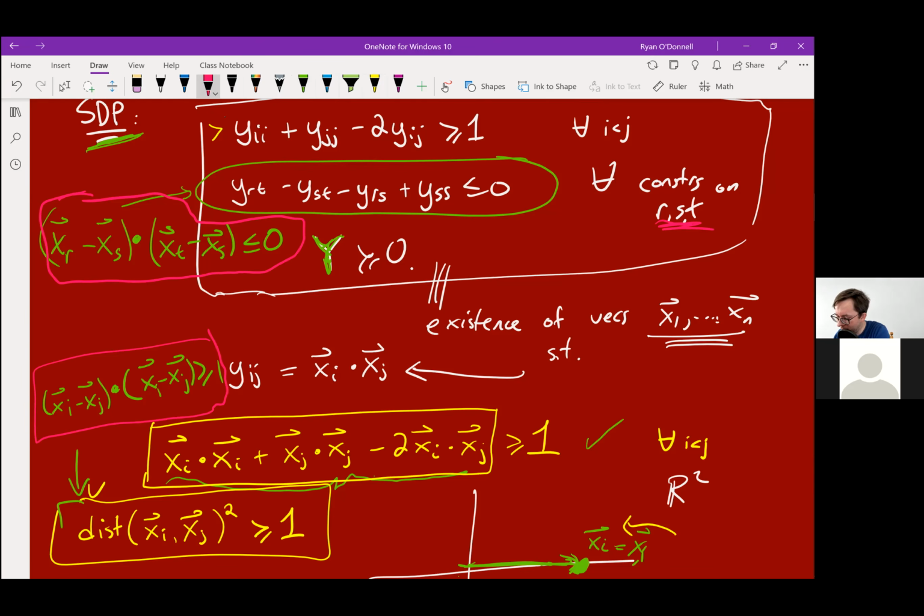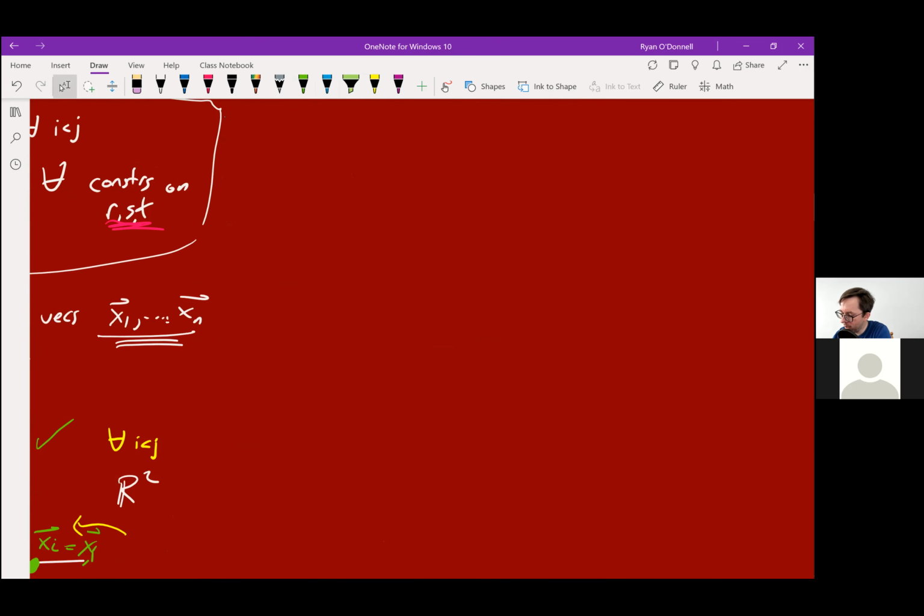So you see it depends a lot on these differences. Say we just have 3 variables or 3 jobs and 1 constraint. It's like R is supposed to be less than S, supposed to be less than T.